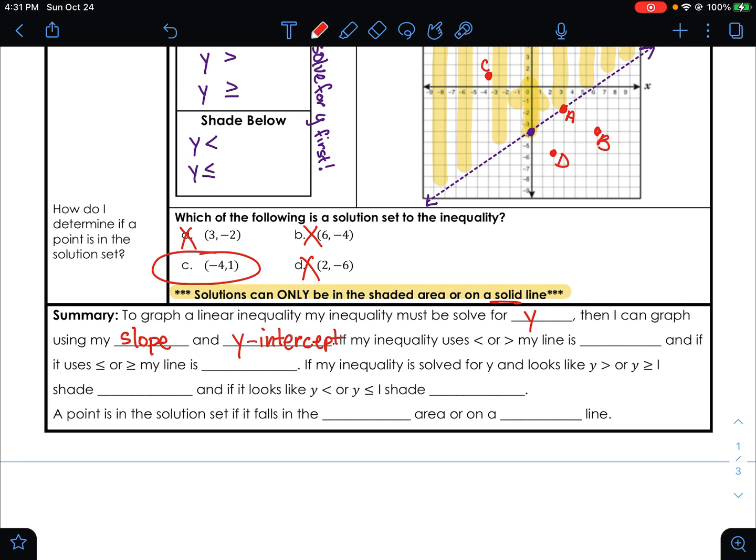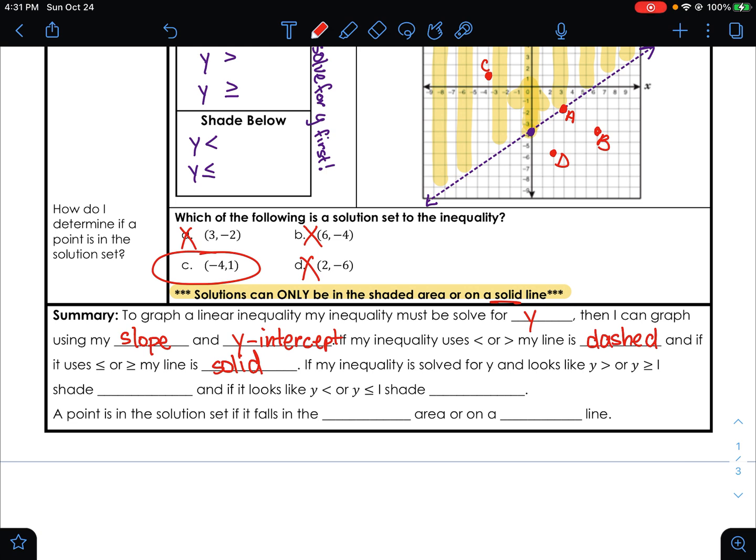And if my inequality sign uses less than or greater than, my line is, yes, it is a dashed line. And if it uses less than or equal to or greater than or equal to, my line is solid. Good job.